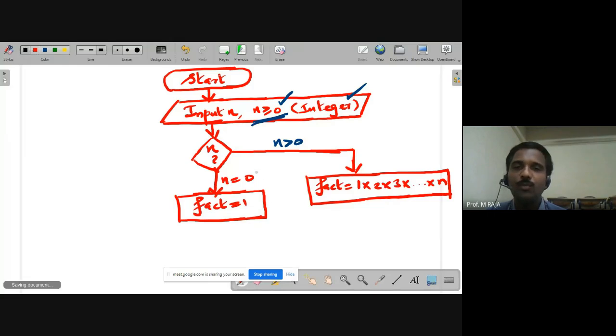Either n is 0, or n is greater than 0. Next step, we need to print the variable fact.